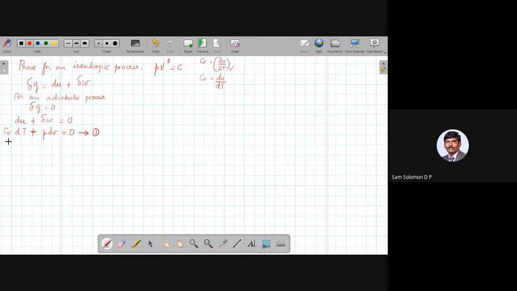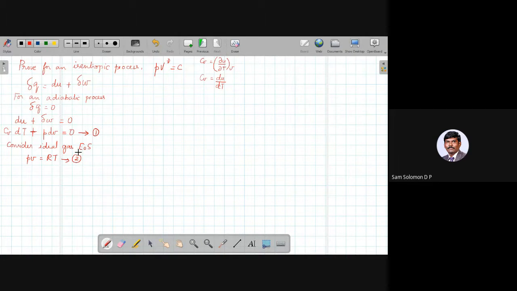And let me consider the ideal gas equation of state. What is the ideal gas equation of state? Pv is equal to RT. So that is my second base equation.